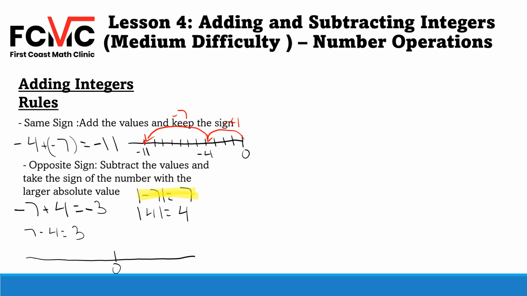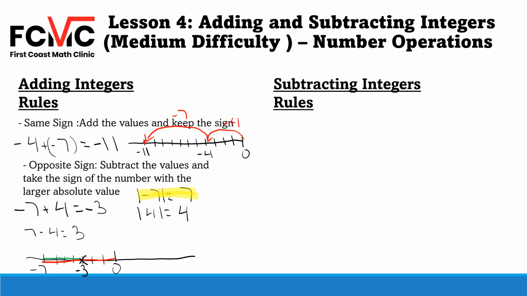We're going 7 units in the negative: 1, 2, 3, 4, 5, 6, 7. So we're at -7. Then we're going 4 units back into the positive: 1, 2, 3, 4. And we wind up right here, which is -3. Because that -7 is furthest from 0, we keep that negative sign.